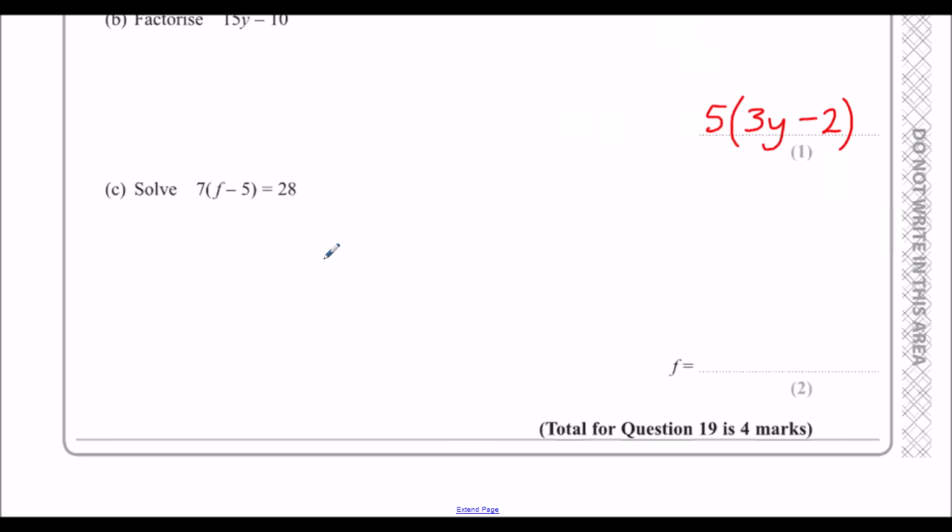Either way, you're going to end up with the right answer. I'm going to divide by 7. So divide both sides by 7. So 28 over 7 is 4. And then we've got f minus 5 equals 4. To get rid of the minus 5, we plus 5 to both sides. So f must be 9.